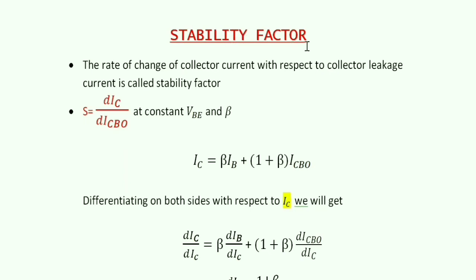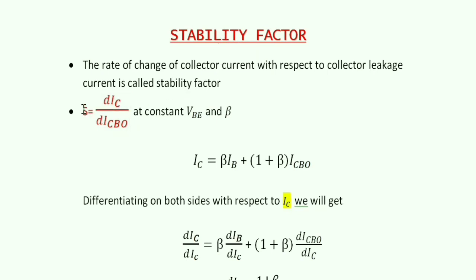To calculate the stability, we require the stability factor. The stability factor is nothing but the rate of change of collector current with respect to the collector leakage current, that is ICBO. That is, the rate of change of collector current IC with respect to ICBO is called the stability factor.